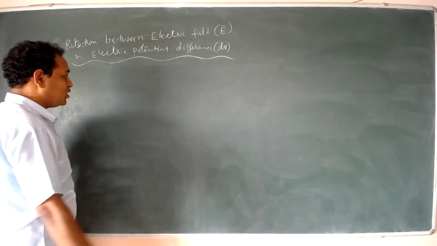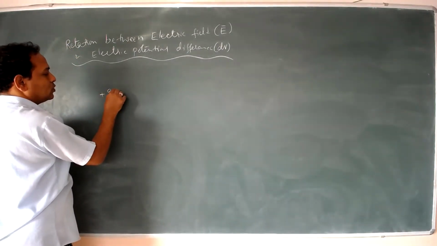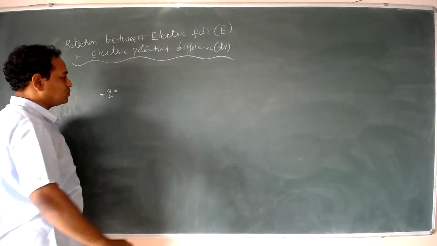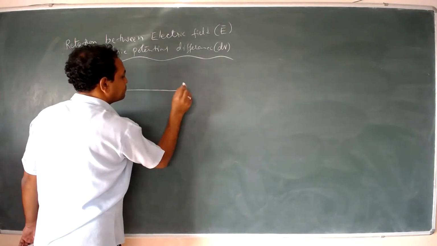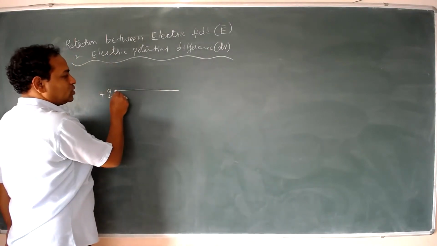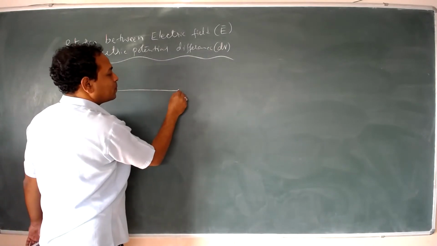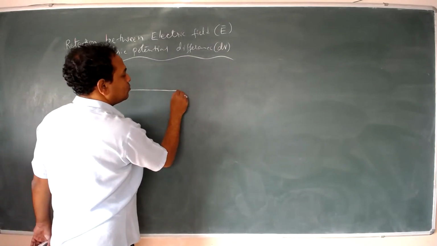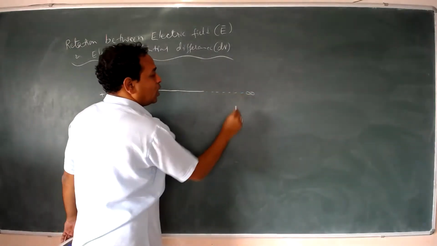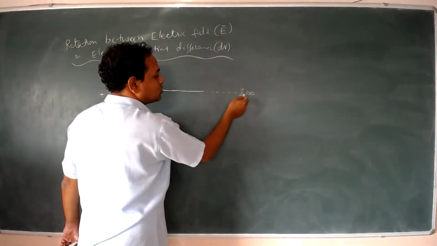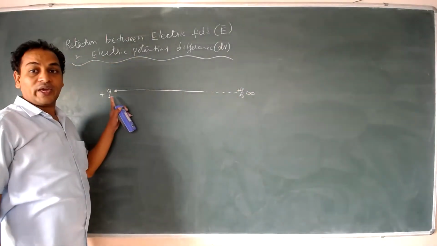So for this, let us consider this is a positive charge. This is a line I have taken. Suppose from somewhere at infinity a unit positive test charge is brought towards this charge against the electric field.